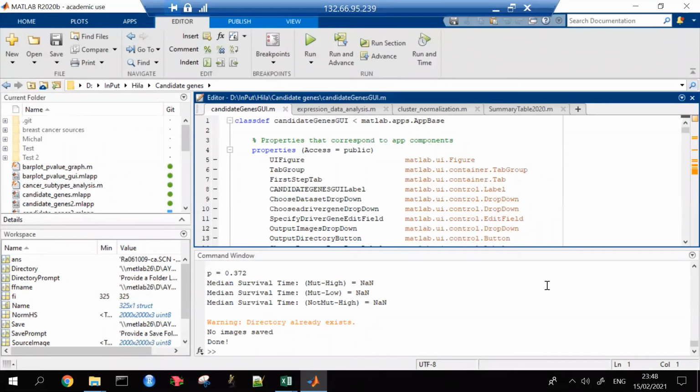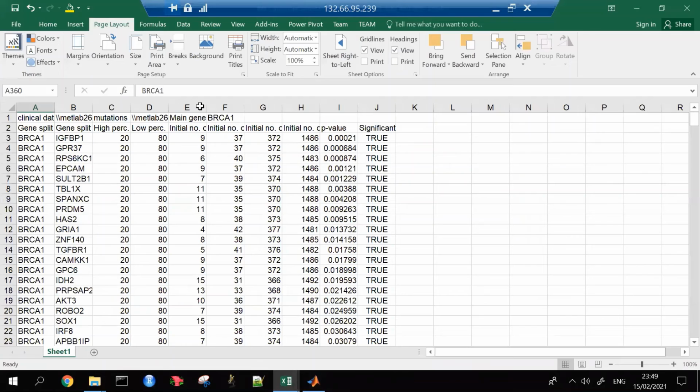Another thing I want to comment on is that I changed this column to indicate that the p-value is significant, not in comparison to the driver gene as I previously showed you.